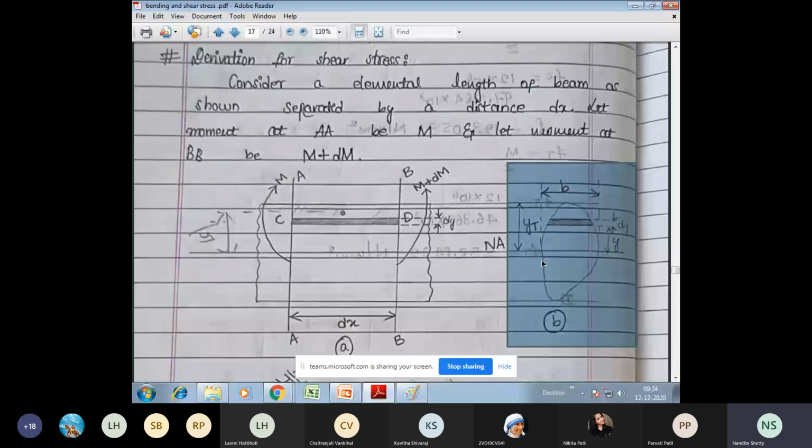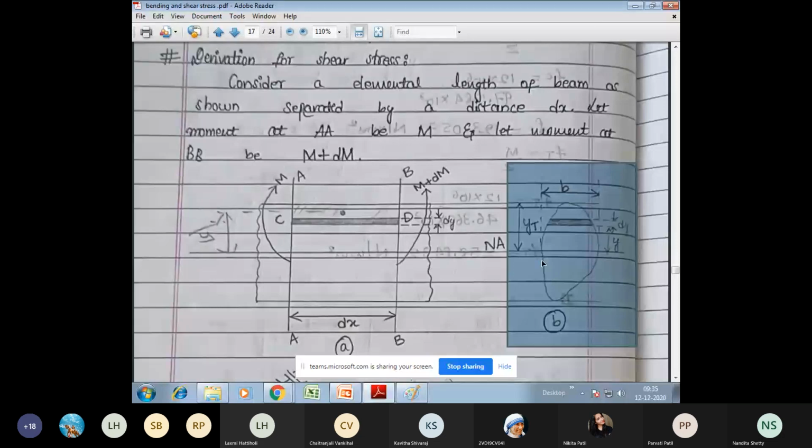Tensile. Rohini. Kavita, Tirumala. Okay, some say it is temperature, some say it is tensile.